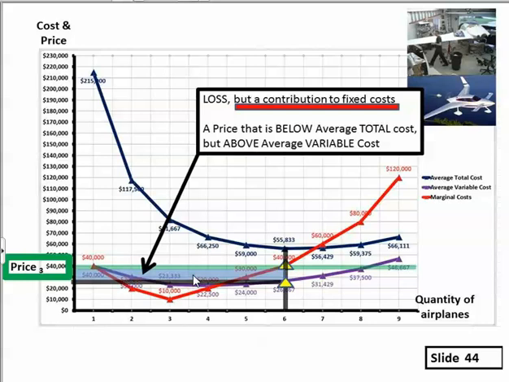So that's why understanding these costs is so important, especially after you graduate and you're out in the working world and you get promoted to a particular job, and now you're responsible for determining how much to produce. Well, you need to know how to go about figuring that out, and that's what this is all about. So we understand that we might be losing money, but as long as we're making a contribution to our overhead, then in a short run period of time, it's okay to continue to produce.